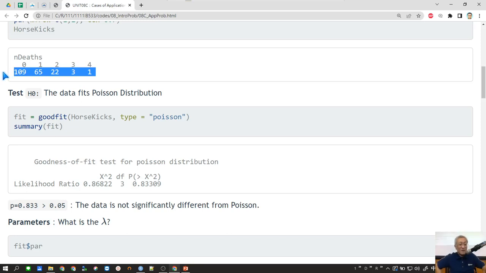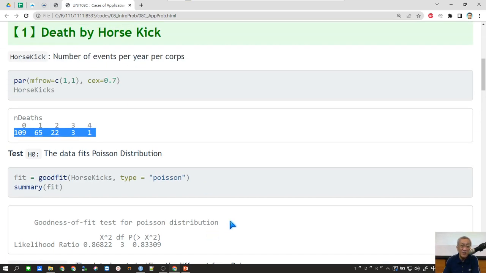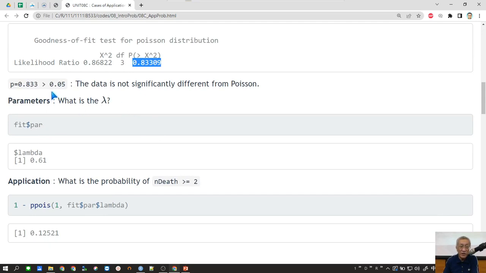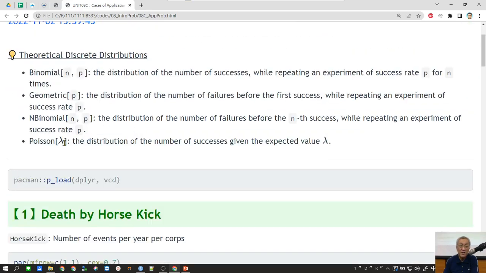So if you have empirical data like this, you can try to fit the empirical data into a theoretical distribution. When you fit it, it will tell you the parameter, because the Poisson distribution has a parameter called lambda.